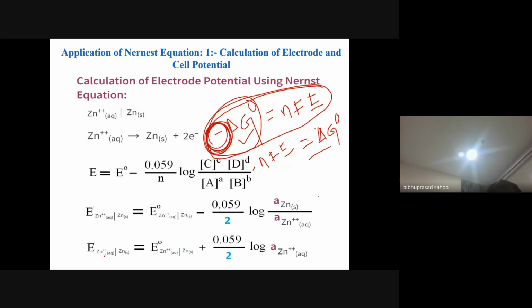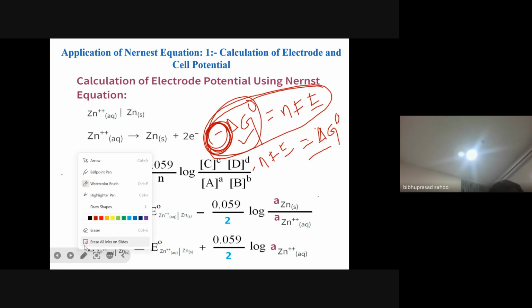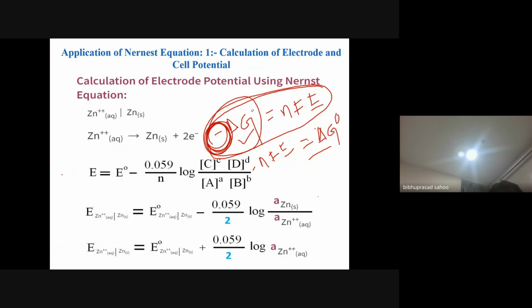Here the naught term is not there. Okay, del G is equal to minus nFE.